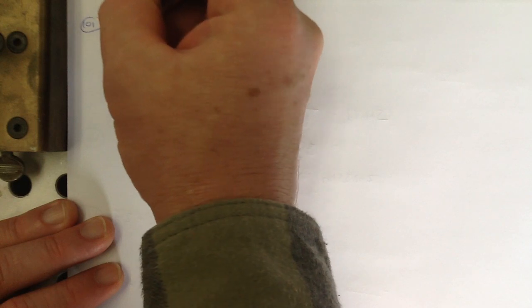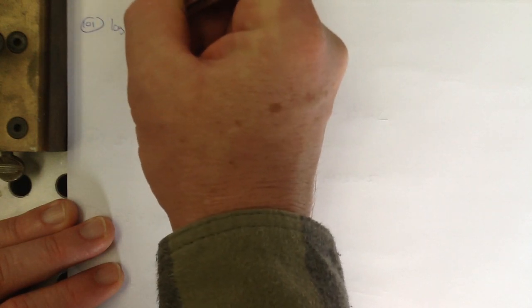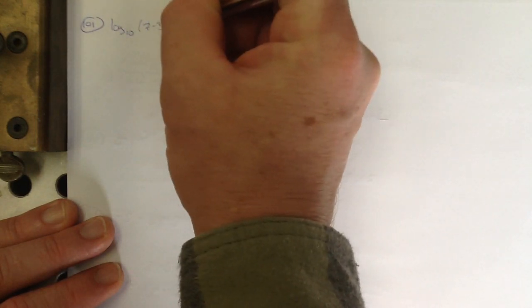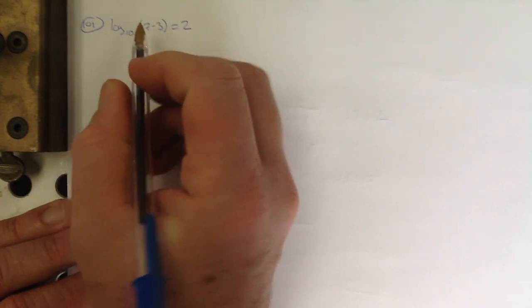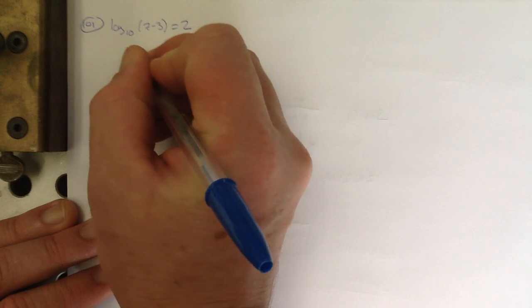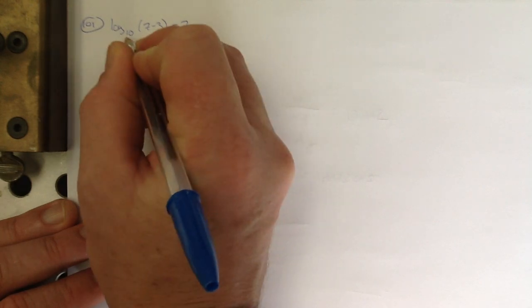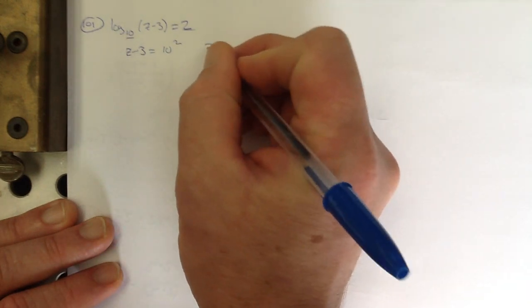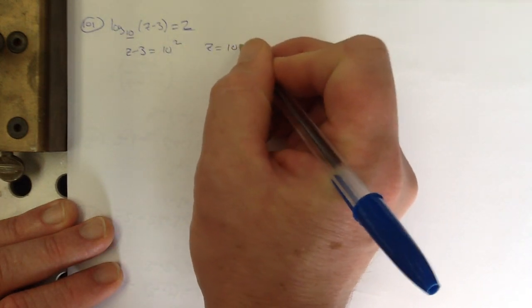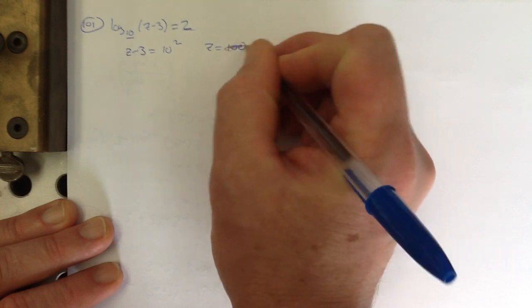Log base 10 of z minus 3 equal to 2. Well, I'm going to rewrite that as the exponential, so that means that z minus 3 is equal to 10 to the 2. And I can do that without a calculator, because 10 squared is 100. I'm going to add 3.